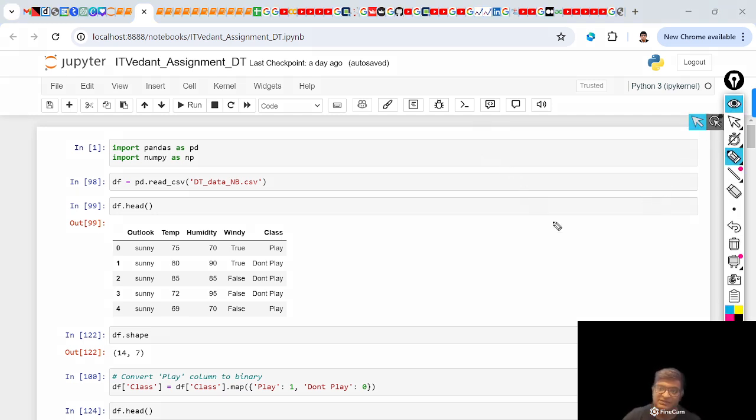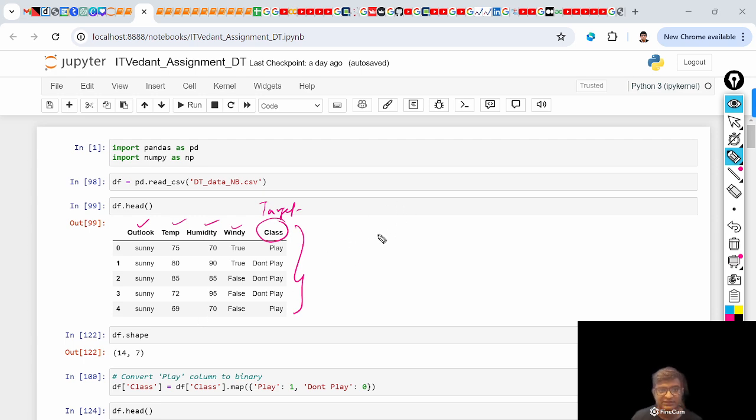Let us first understand the data a little bit. So this is the data. It's a very simple toy data where we have features like outlook, temperature, humidity, windy condition, and a target variable where we want to say whether we are going to play or not based on these conditions. Okay.